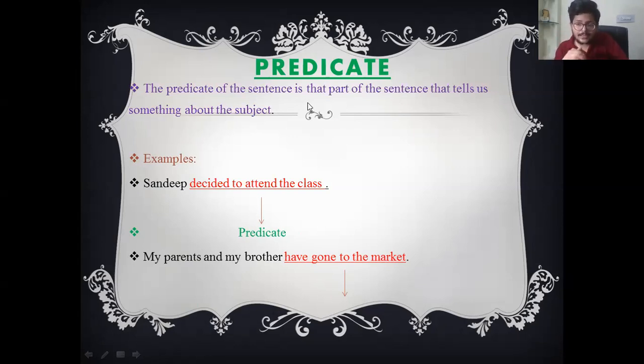So what is the part of the sentence that adds something to the subject? This was the subject, my parents and my brother, and what is added to the subject? Have gone to the market. Or what is being told about the subject? That my parents and my brother have gone to the market. So this will be the predicate of the sentence.